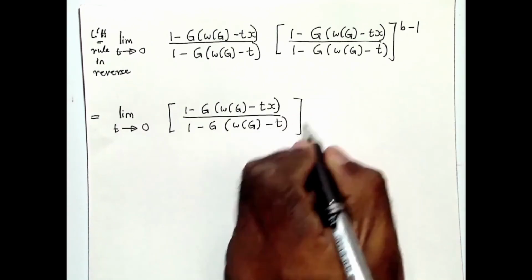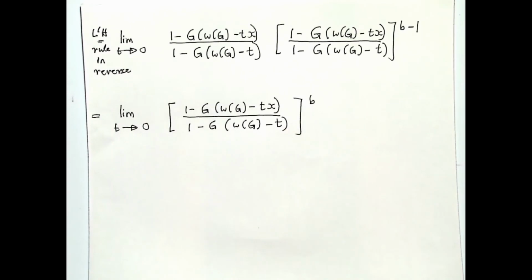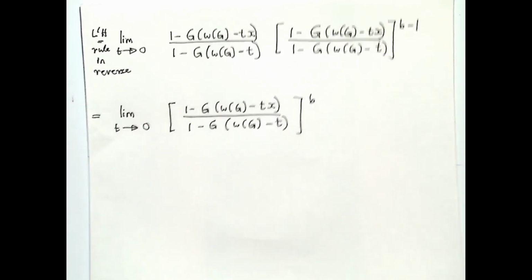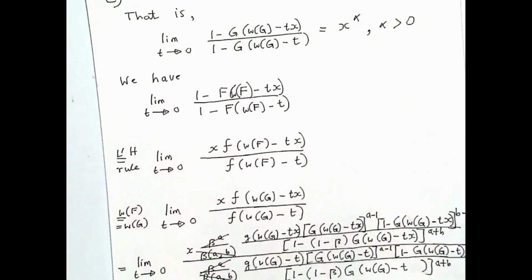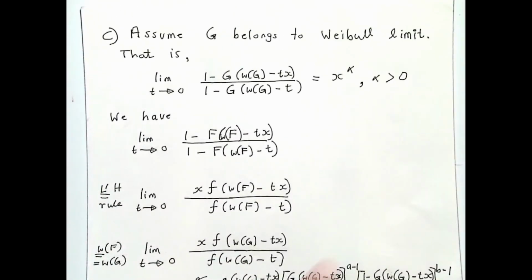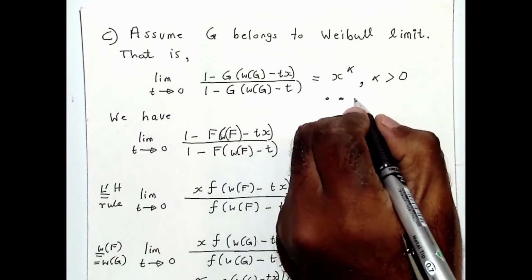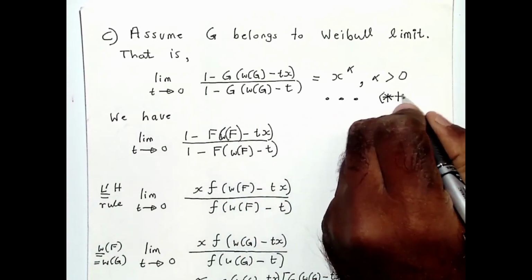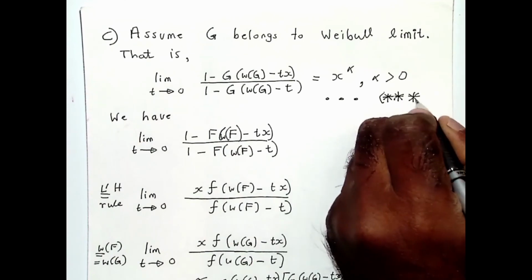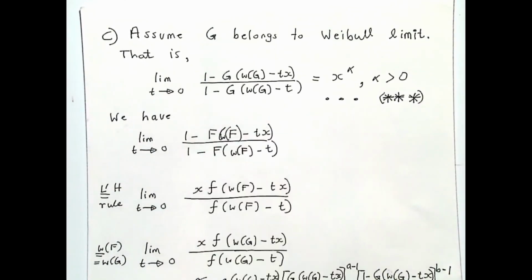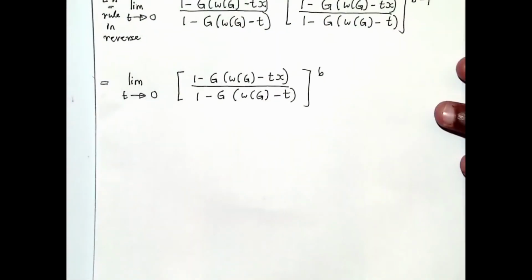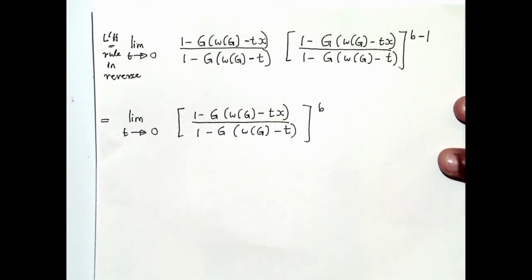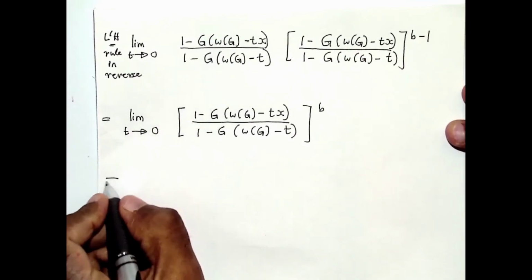to the power b. Right, now before I go ahead, let me go back to the assumption for part C, which is this one. Right, and let me call this equation triple star. Okay. So this is the assumption that we made. So using triple star, I'm going to use triple star in this line.